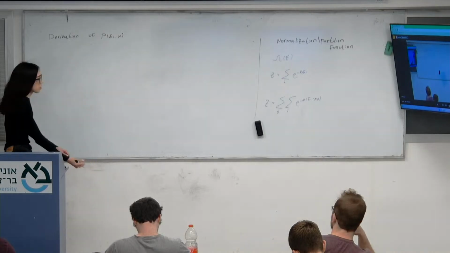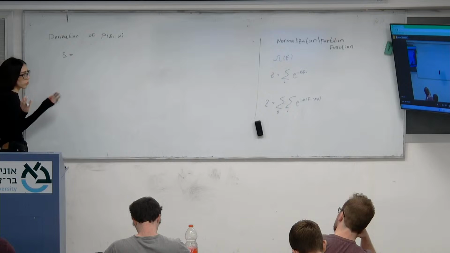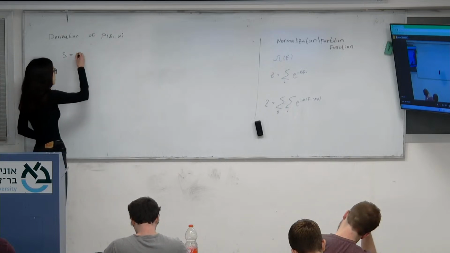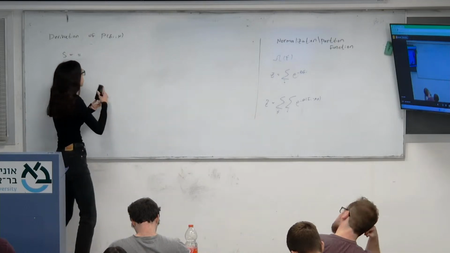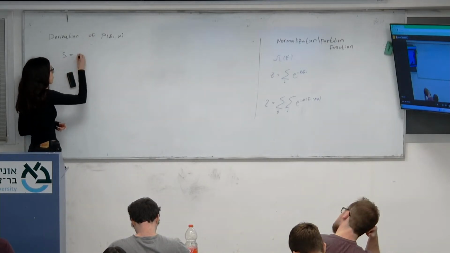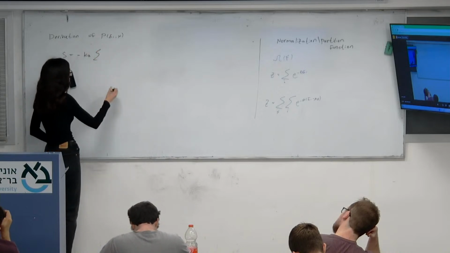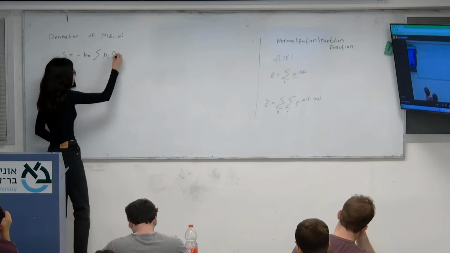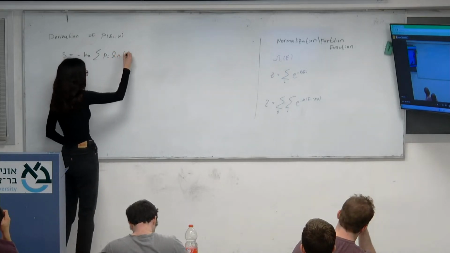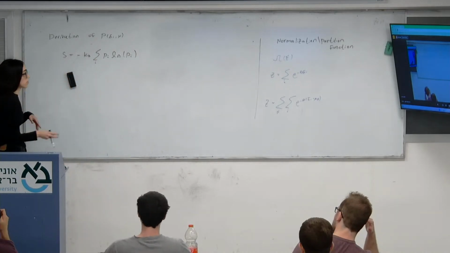Okay, so we are going to start with the entropy. In the most general way, the entropy is equal to minus the Boltzmann coefficient, and then a summation of p_i log p_i, where i is some state.